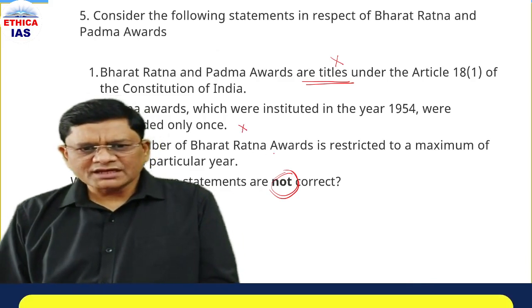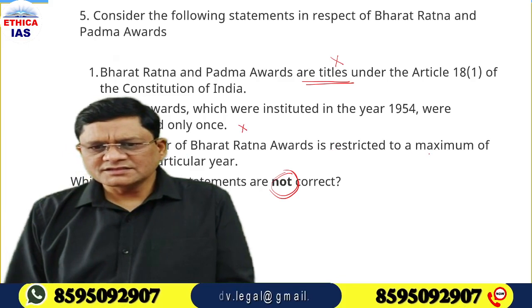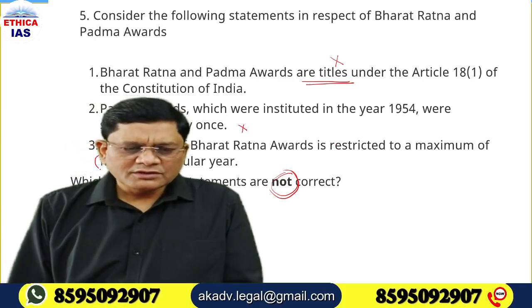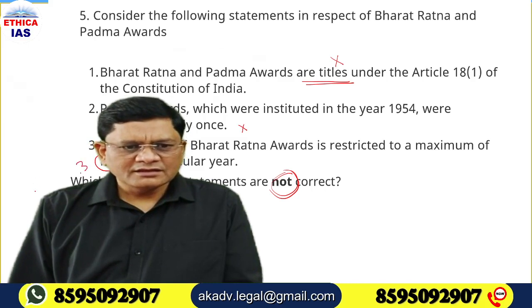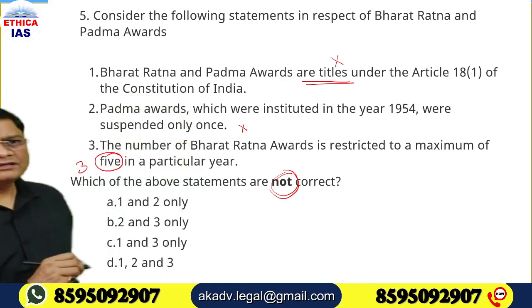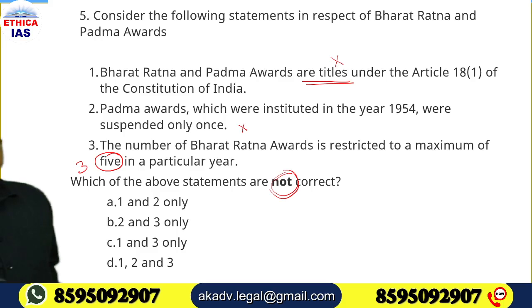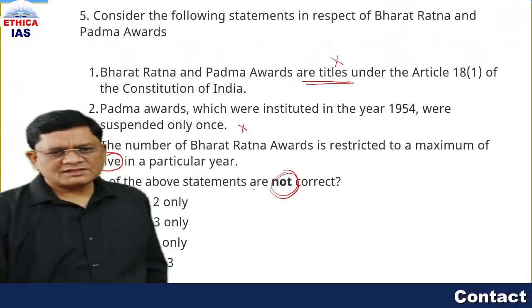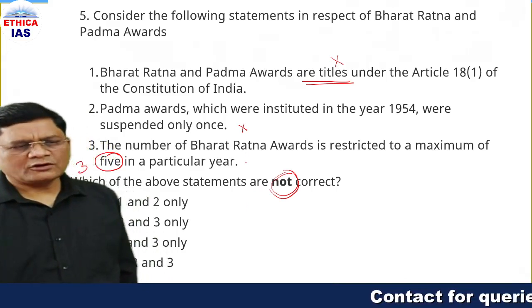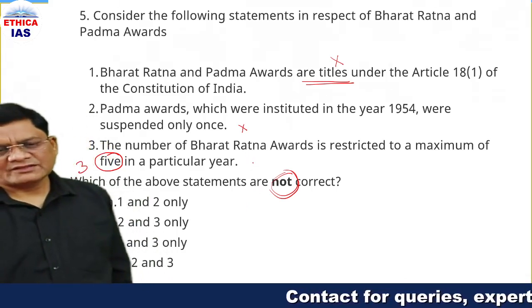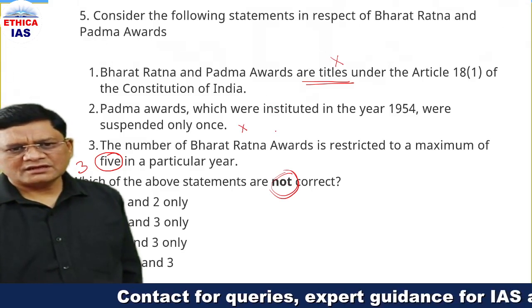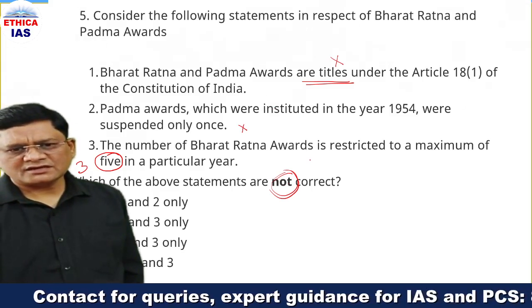The number of Bharat Ratna awards is restricted to a maximum number of 5 in a particular year. No, the number is 3. It is restricted to a maximum of 3 in a particular year. So this statement is also not correct. We have to find which statements are not correct.